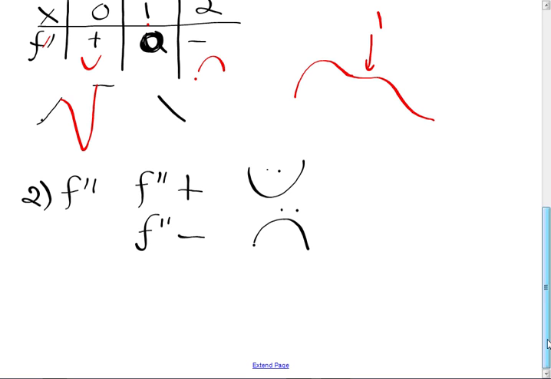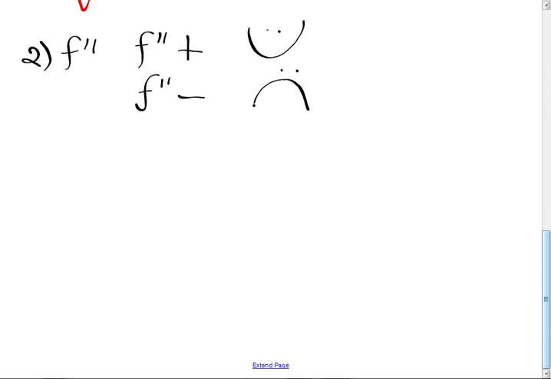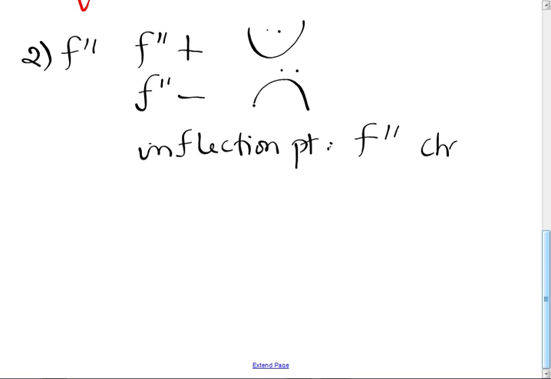Where do you get inflection points? F double prime does what? Has to what? How about just changing sign?